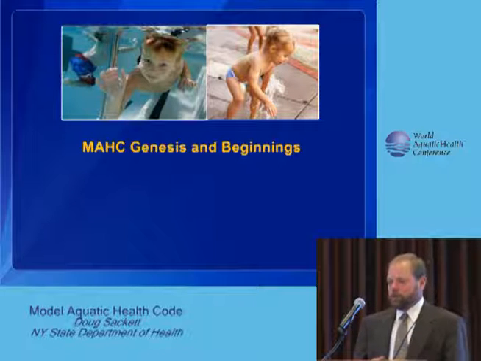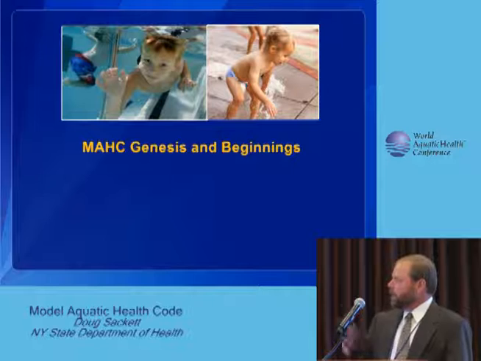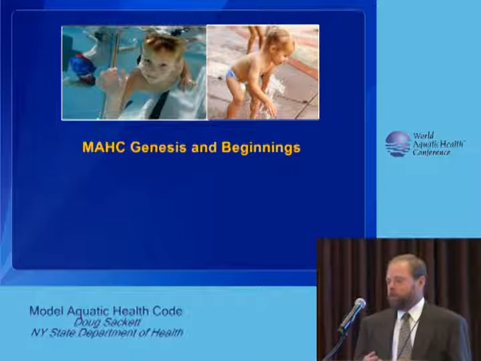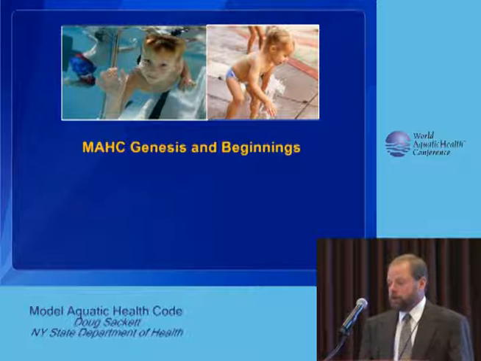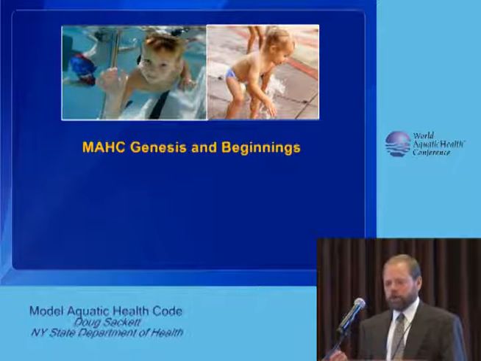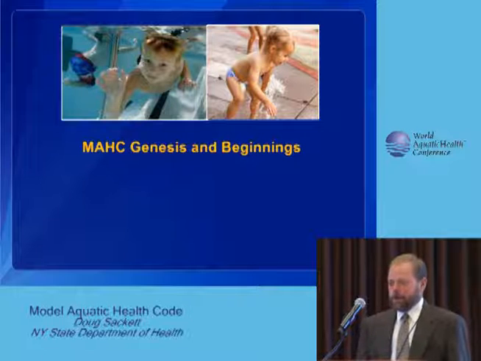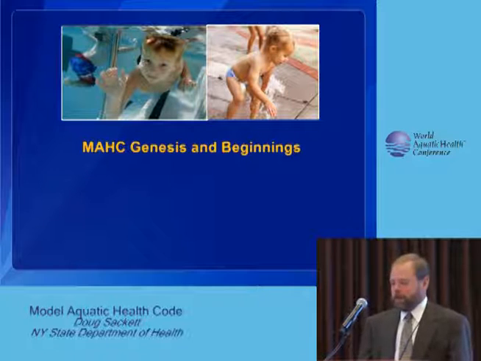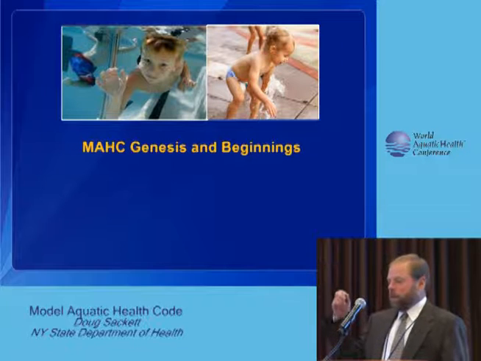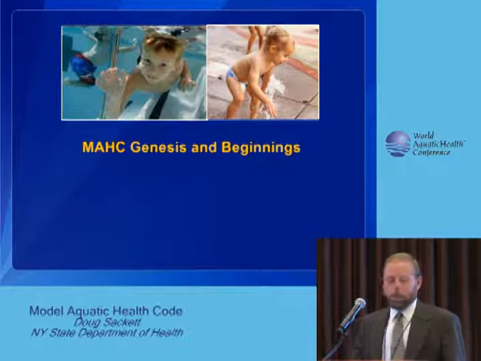Some key issues about that code were that it had to be data-driven, knowledge-based, and supported by data and engineering, good science. Because everybody here in the room dealing with aquatics, whether you're a designer, health official, or operator, a lot of what we do in this industry for decades is "that's how we did it before." We started out with maybe a 12-hour turnover rate.